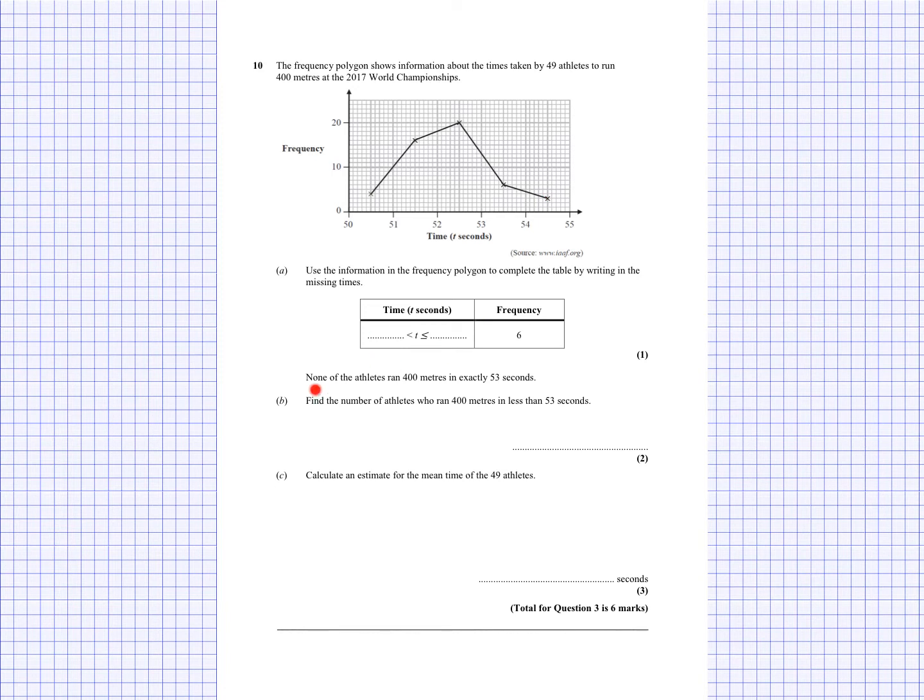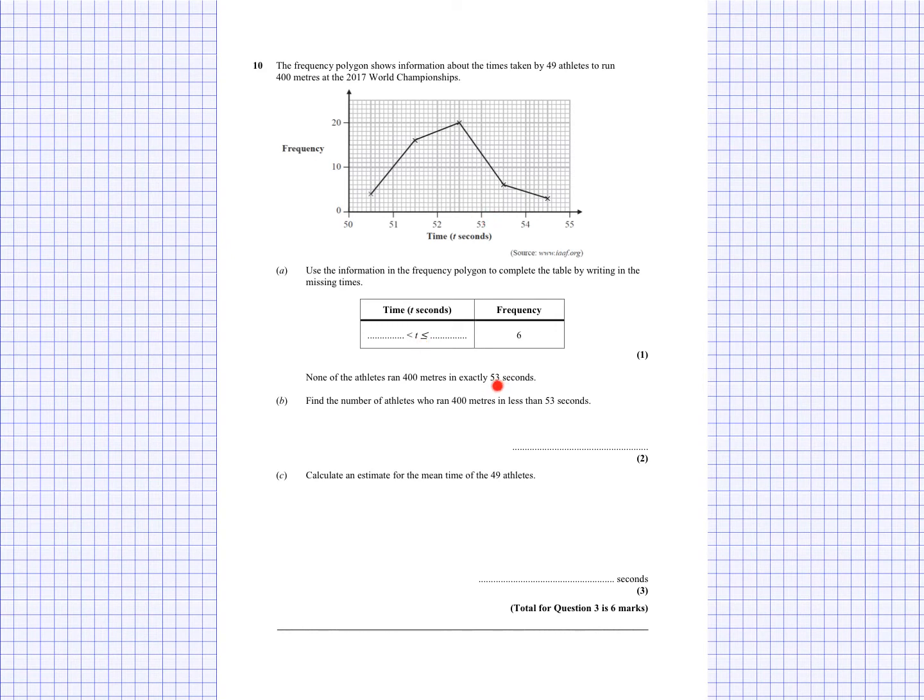Next bit of information, it tells us none of the athletes ran 400 meters in exactly 53 seconds. So no one was here. Find the number of athletes who ran 400 meters in less than 53 seconds. The reason they said that is because our inequalities are written like this, less than or equal to the second number. So here we would have had 52 is less than time, less than or equal to 53.